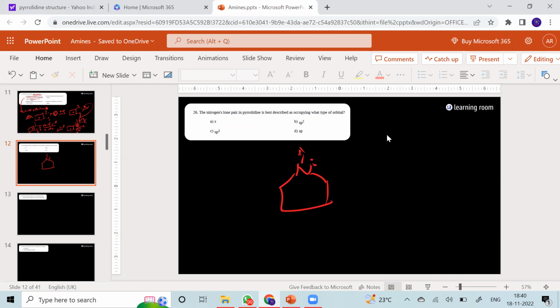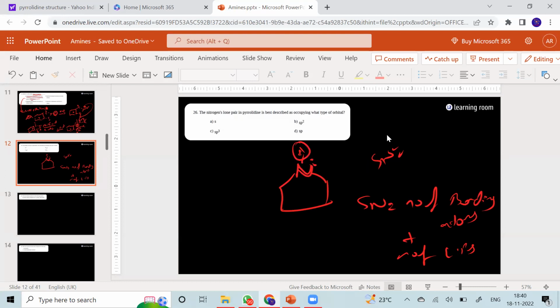Now you see how will you calculate the hybridization? You look at the steric number. Steric number is equal to number of bonding atoms plus number of lone pairs on the central atom. Now you see for nitrogen, how many are bonded? One hydrogen, one carbon, another carbon.